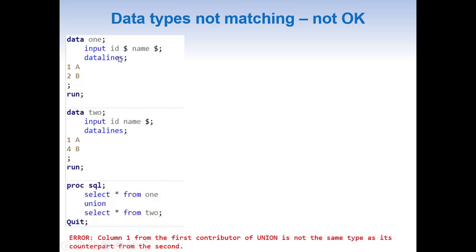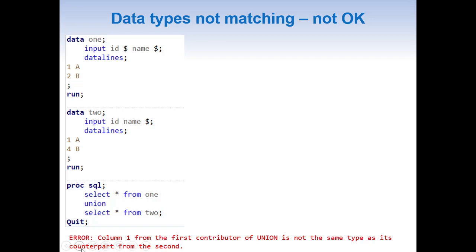So we cannot do a union, intersect or except whenever we have different data types, and we are going to get an error saying that this particular id and this particular id are not of the same data type. So in SQL, in general, all that matters is position, not the name of the variable.